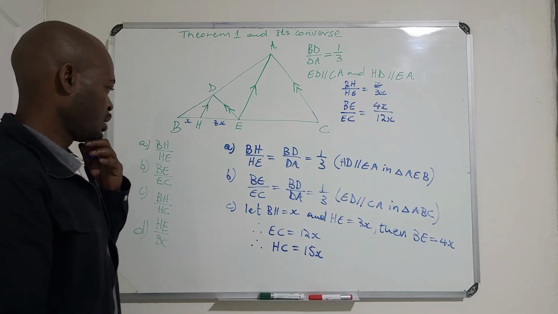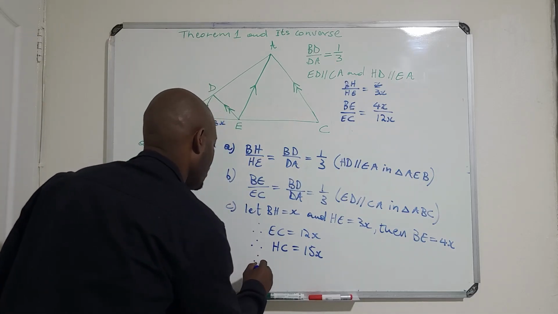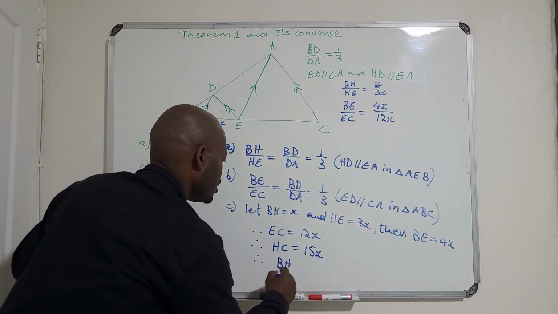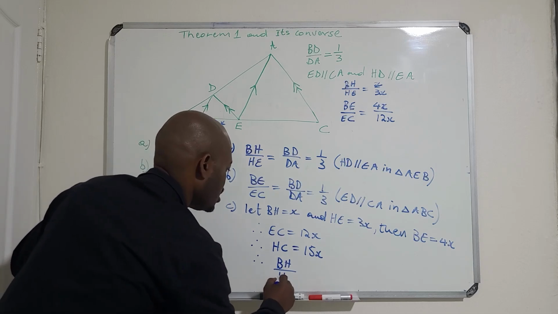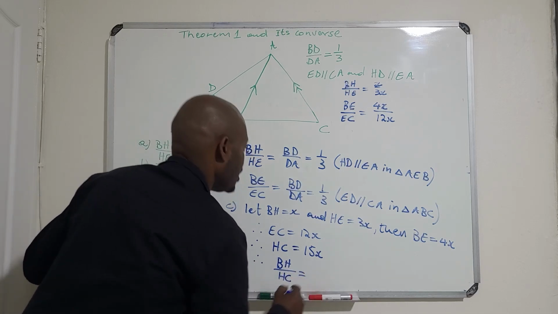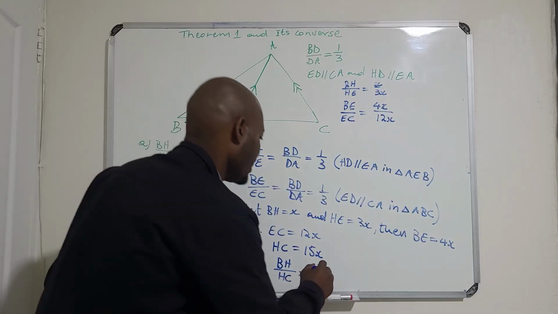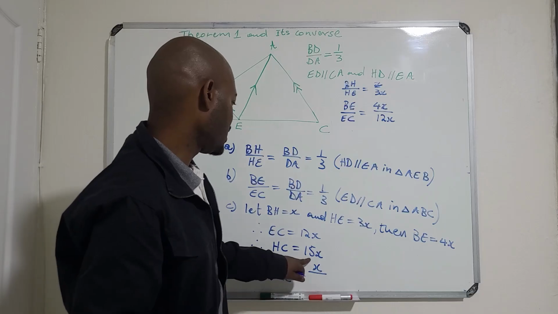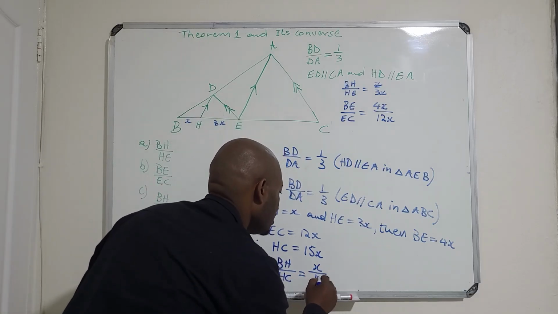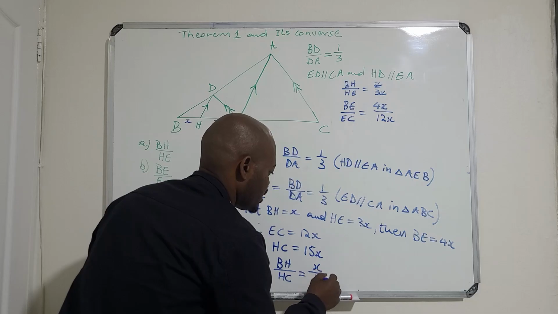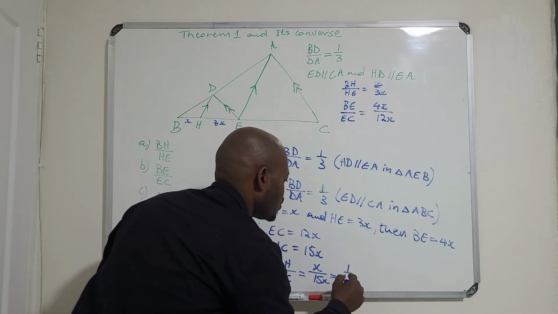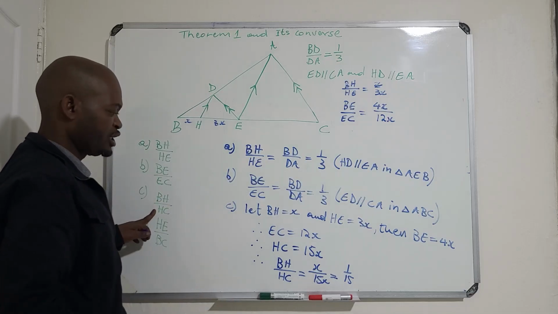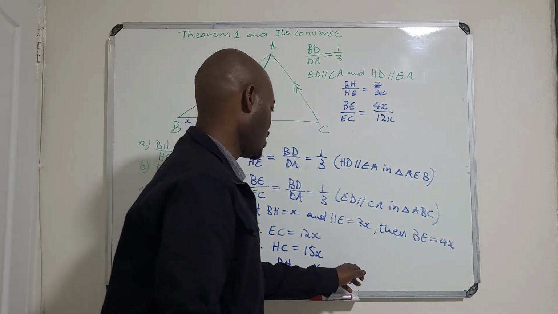Therefore, BH over HC: we know BH is X, over our HC, which is 15X. This cancels with that, and we are left with 1 over 15. Therefore, BH over HC is 1 over 15.